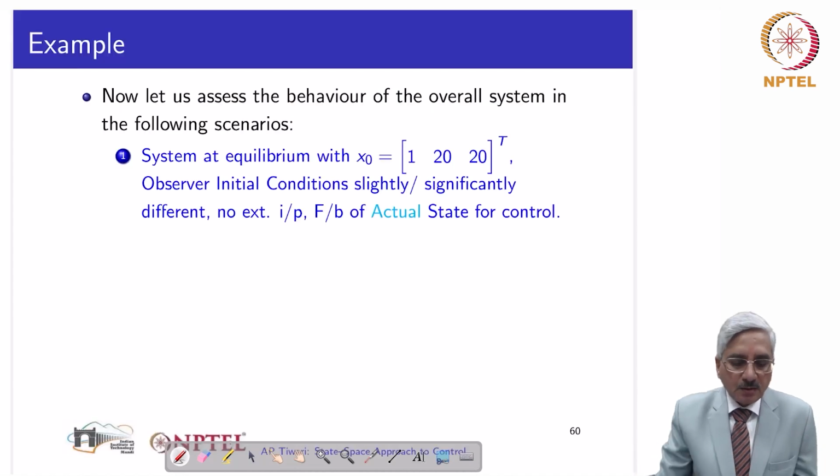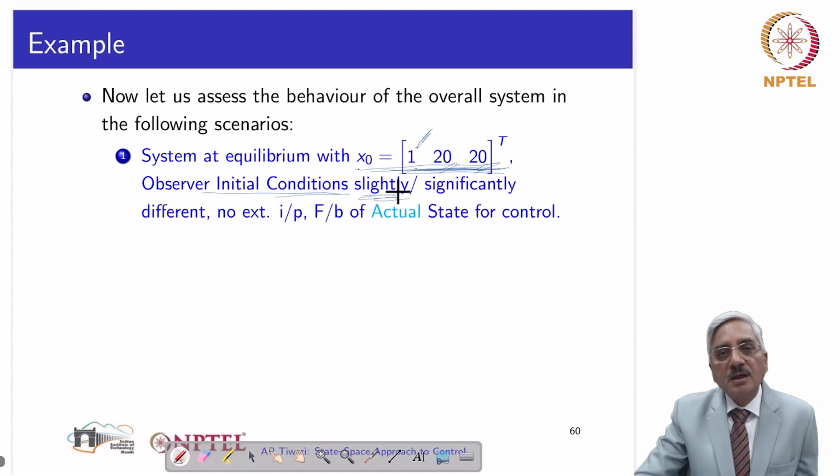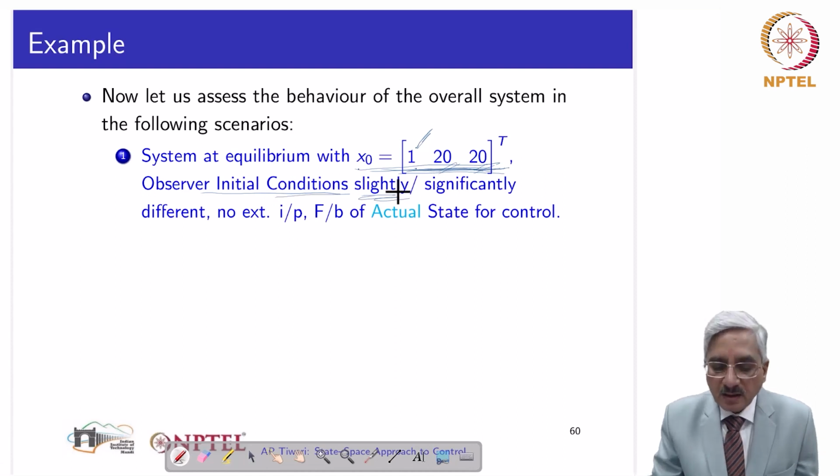So we consider the typical 4 types of situations. The first one is, as I had spoken about earlier, that for that system this is the equilibrium. x10 is to be arbitrarily chosen, and x20 and x30 come from x10. So this is the equilibrium of the system, 1, 20, 20, with the input 0. With 0 input, this is the equilibrium. And for observer initial conditions, we assume 2 scenarios. In one scenario, the observer initial condition will be only slightly different from the system initial condition.